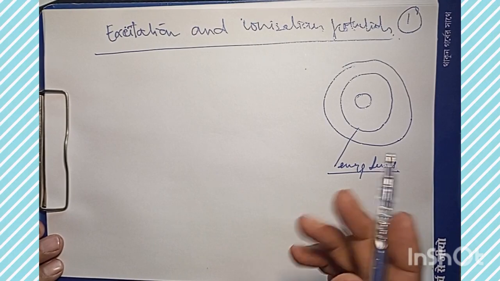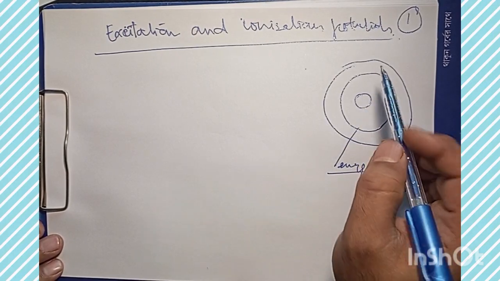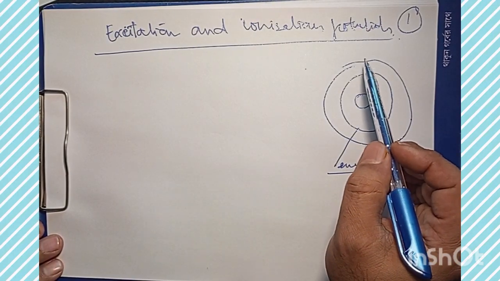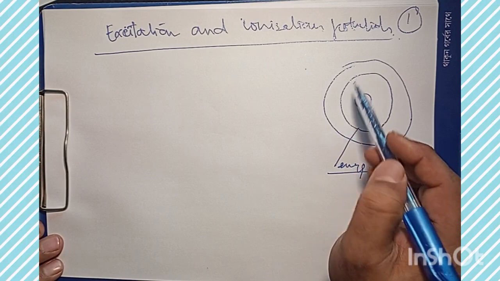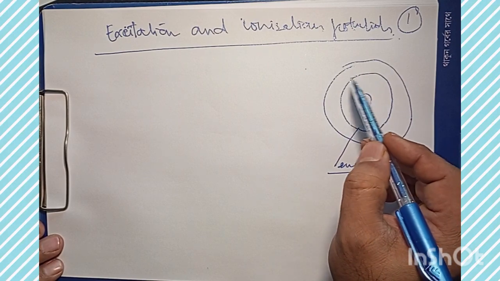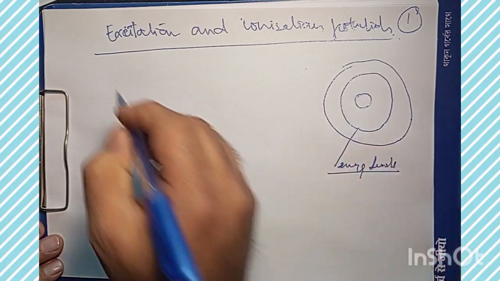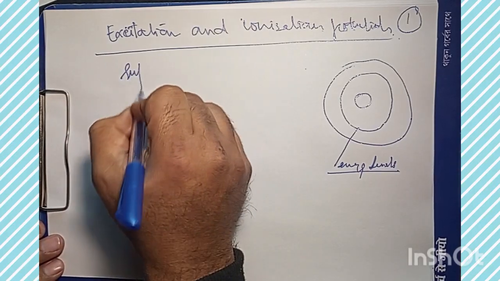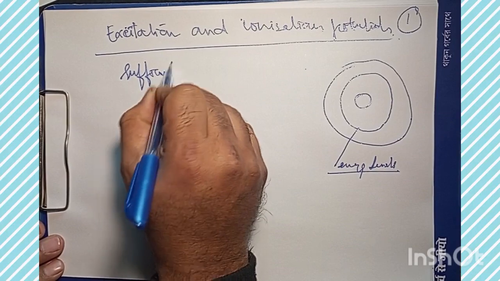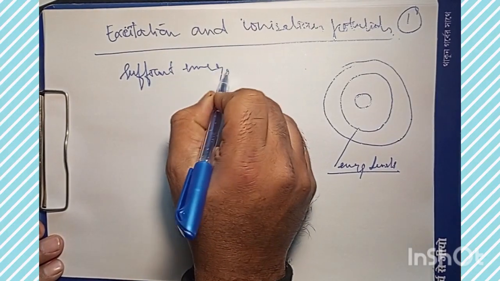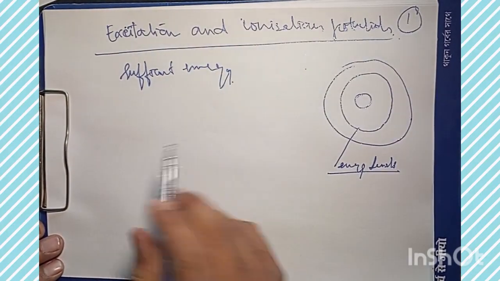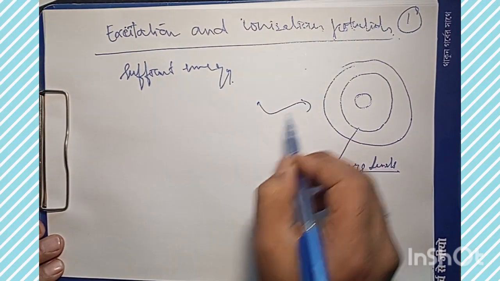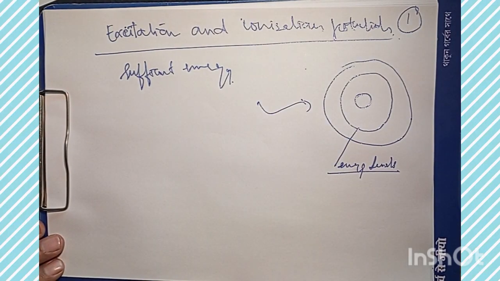Let us assume that an electron is revolving around the nucleus, and this electron in an atom absorbs sufficient energy from some outward source that's falling on it.